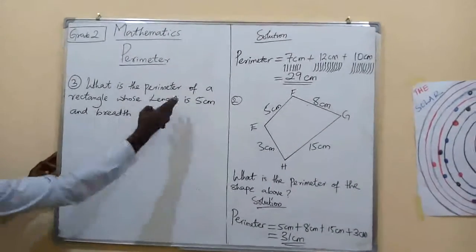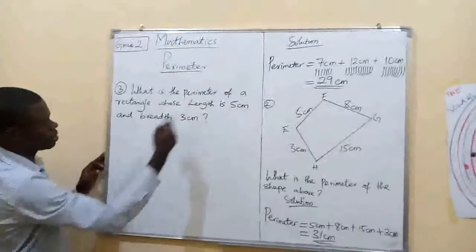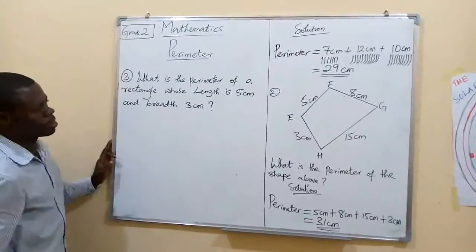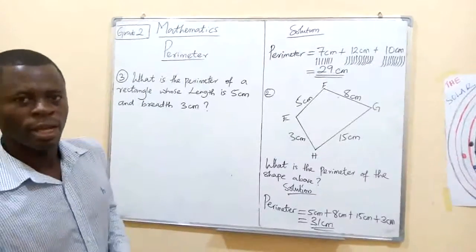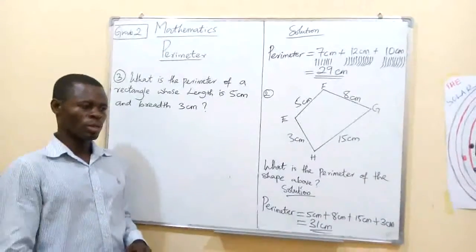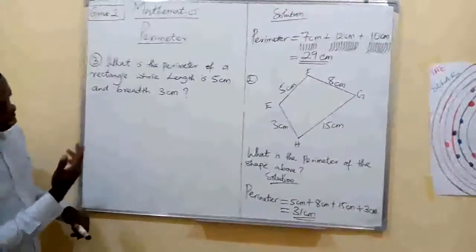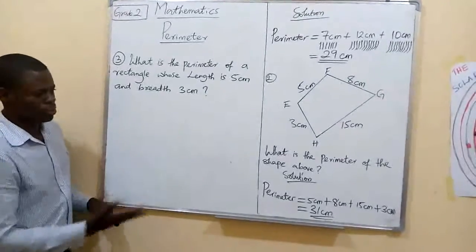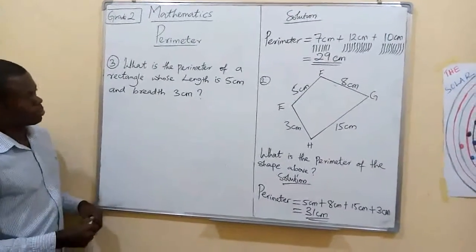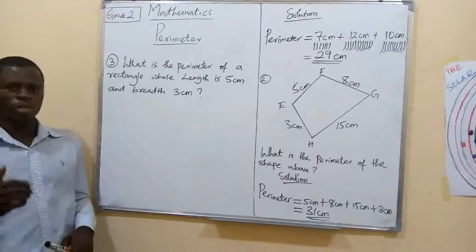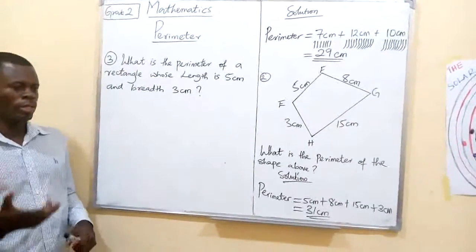What is the perimeter of a rectangle whose length is 5 centimeters and breadth 3 centimeters? Earlier, I drew a figure on the board and was trying to explain to you the concept of a perimeter, and that shape was a rectangle.